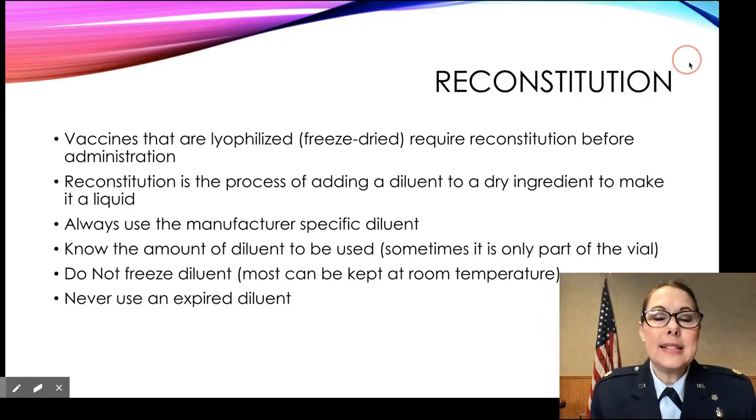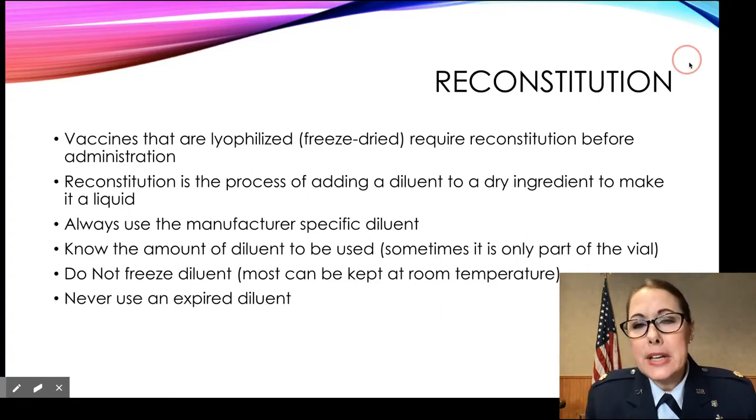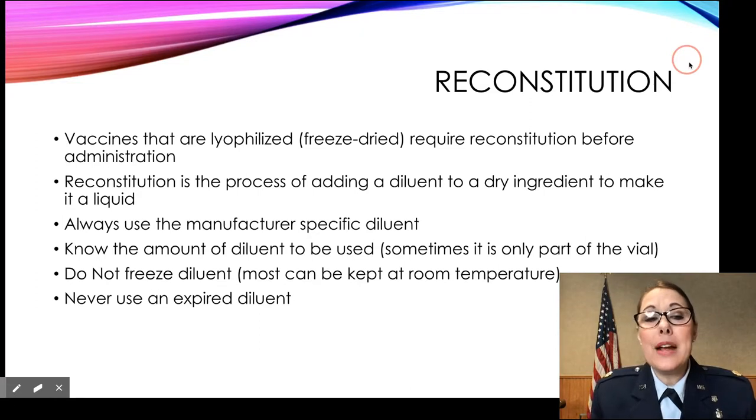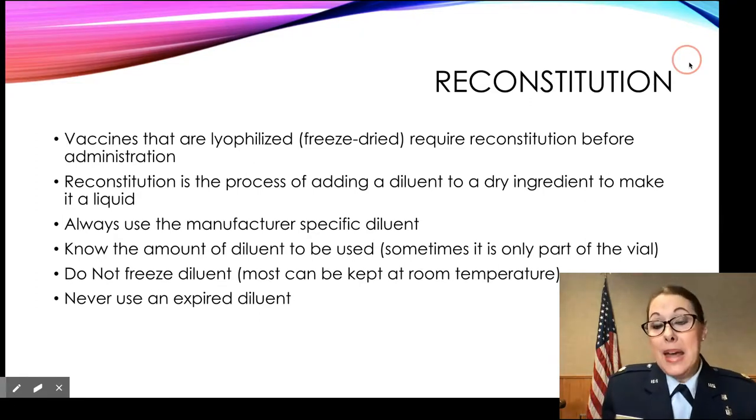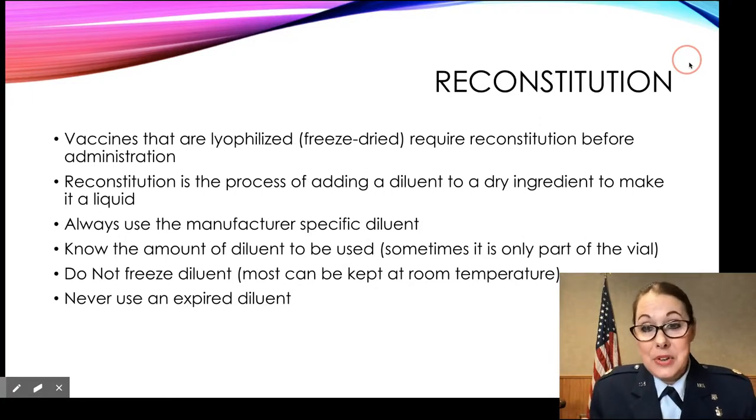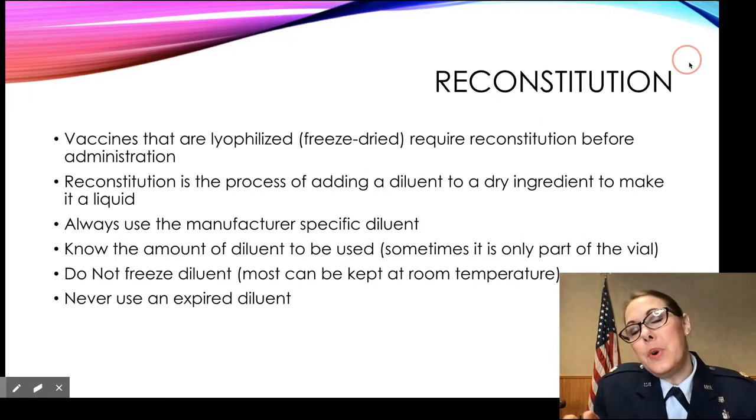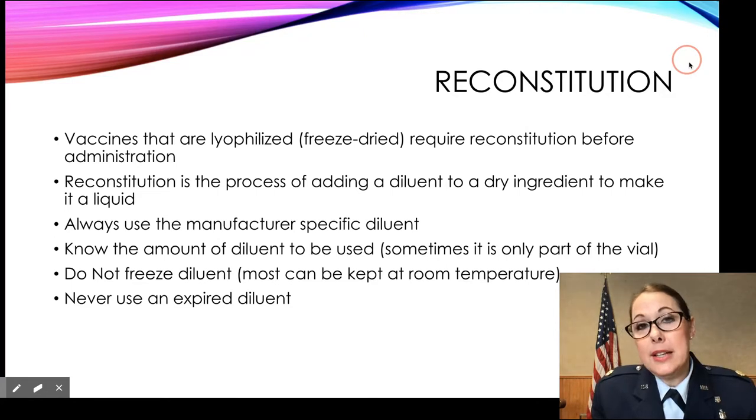Now, vaccines and reconstitution. It is likely that the vaccine that we use for COVID is going to be one that has to be reconstituted. That means that it's been freeze dried and it requires some liquid added to it to make it back into a vaccine, or into a form that we can inject into people to help them.